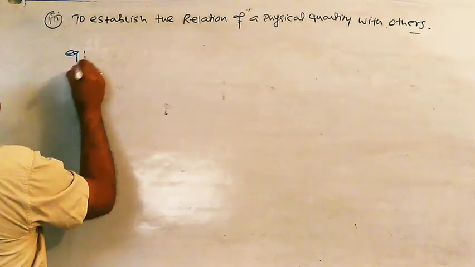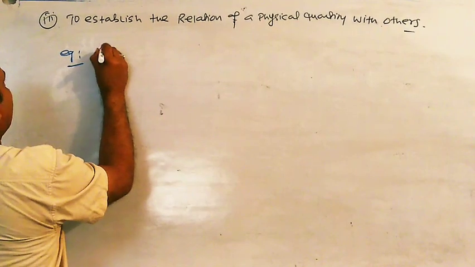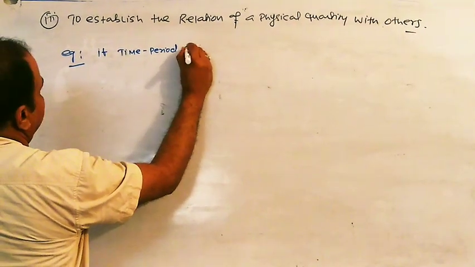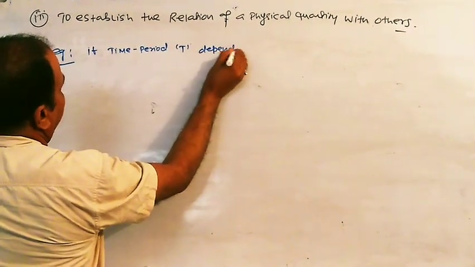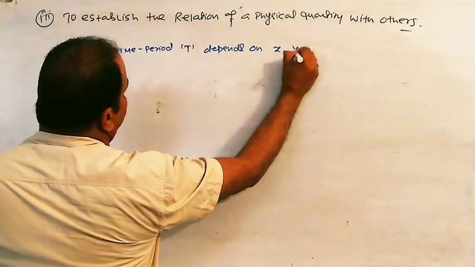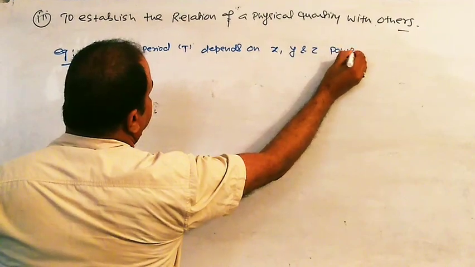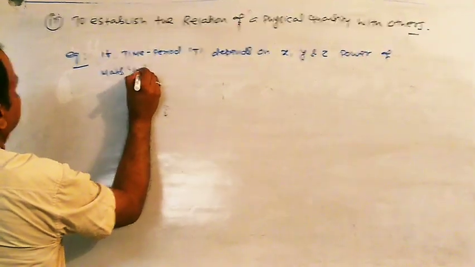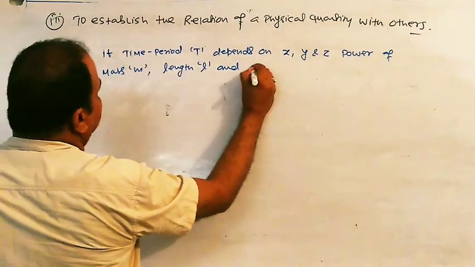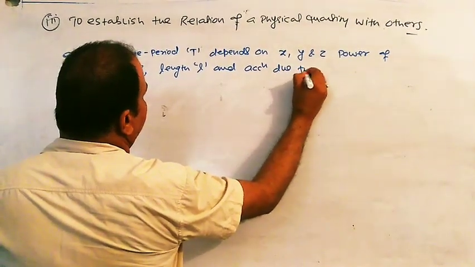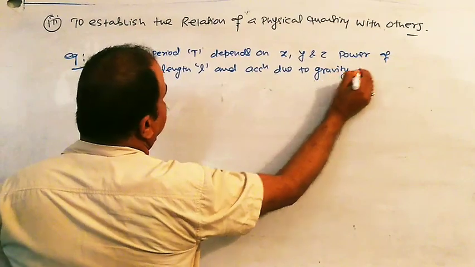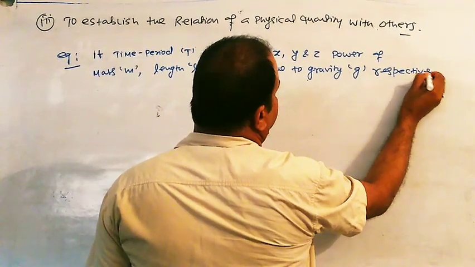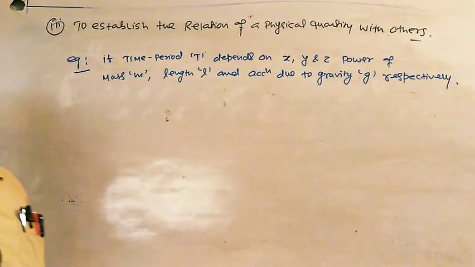So for example, if time period t depends on x, y and z power of mass m, length l and acceleration due to gravity g respectively, and we have to find the relation for time period.